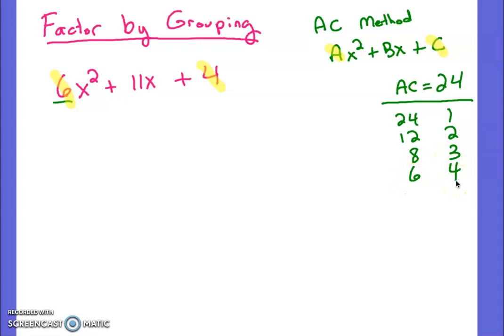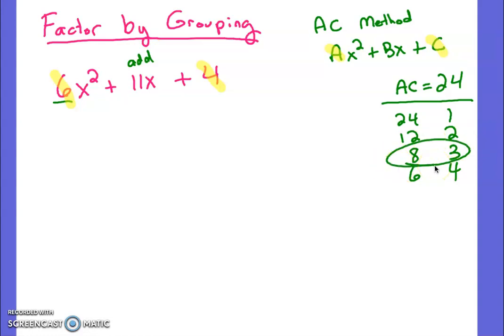And don't forget all the negatives as well. But everything in this polynomial is positive, so I'm not even going to list all the negatives because it's not even a possibility. Now, you still find which one adds together to give me the middle number, and it's 8 times 3. Now, here's where you have to do something different.